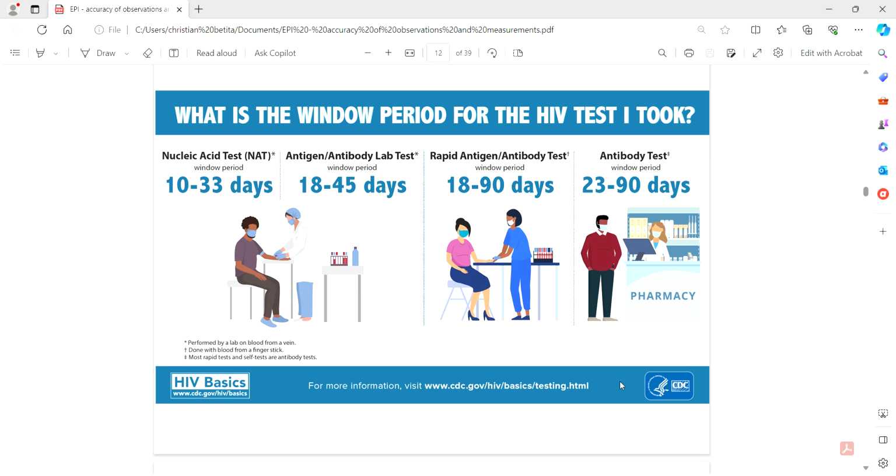So before 10 to 33 days for the nucleic acid test, the HIV antibody will be undetectable, and therefore your nucleic acid test will have a negative result before the window period. So this is the basis kung bakit post-exposure, when a patient is suspected to have been exposed to HIV, we do the test after exposure and we repeat that test 6 months after. Because if we do the test early, then the test result is almost certainly negative. Okay.